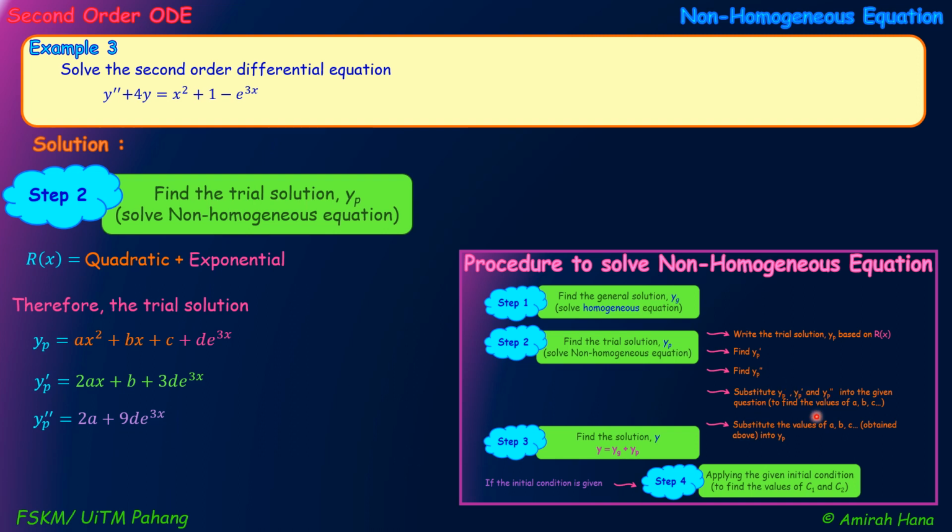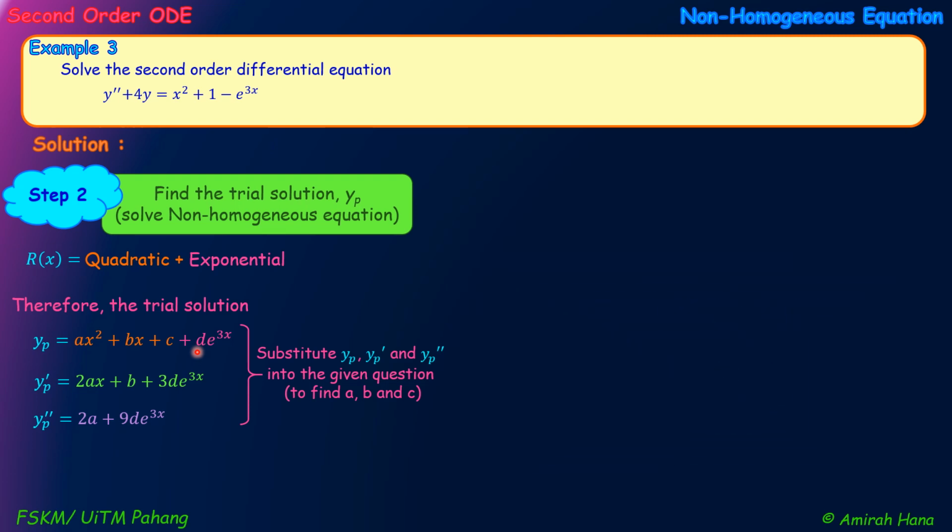After we find yp double prime, we substitute yp, yp prime, and yp double prime into the given question to find the values of a, b, c, and here we also have d. From the given question, we have y double prime plus 4y equals x squared plus 1 minus e to the power of 3x.